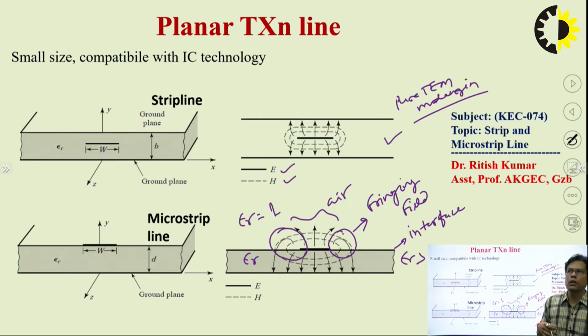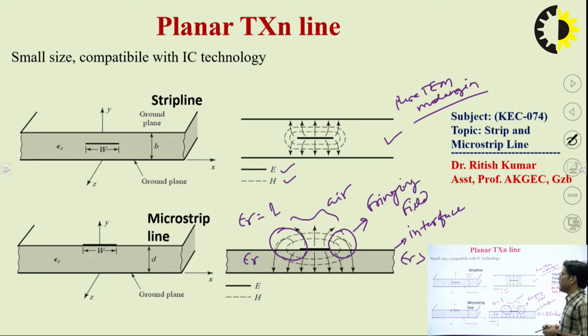In some cases radiation is required, such as in antenna applications, so we need to highlight it. But if we design a microwave component, our main aim is to have low radiation loss. Radiation should be as low as possible.